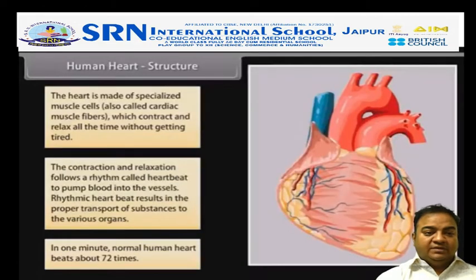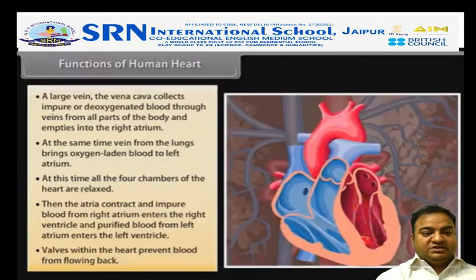The heart is made up of muscle cells, also called cardiac muscle fibers, and the contraction and relaxation of the heart are called systole and diastole respectively. In 1 minute, the normal human heart beats about 72 times.